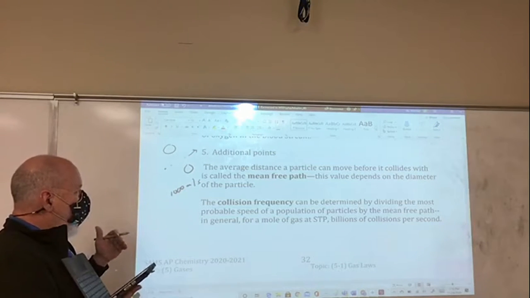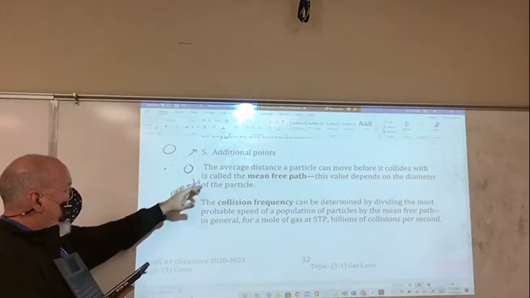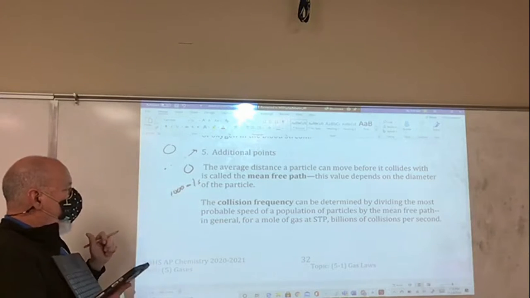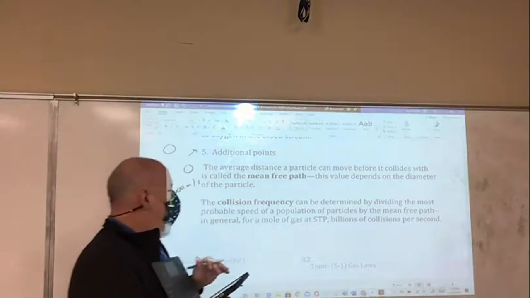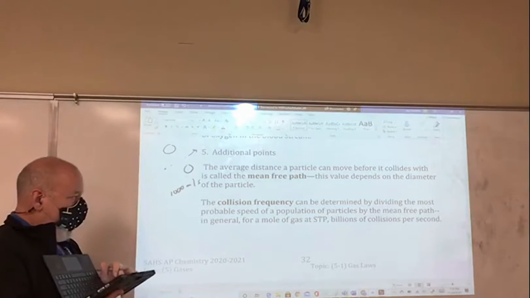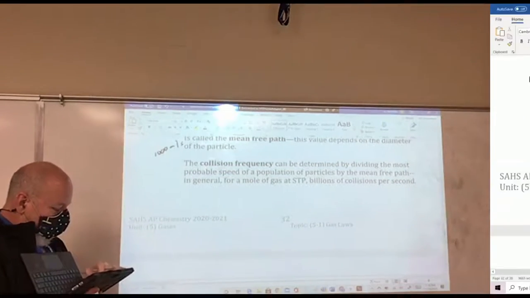That gives me the time it takes to smack into something. In general, for a mole of gas at standard temperature and pressure, there are billions of collisions per second.